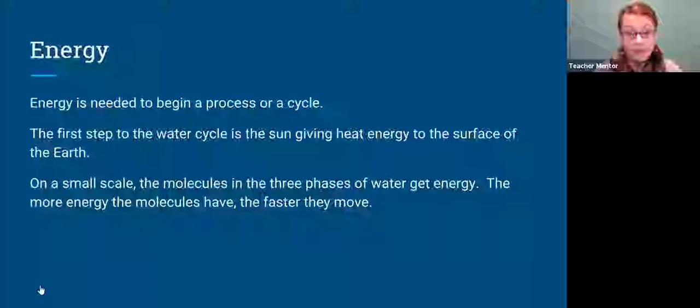And so there we have different phase changes. Okay, so again, once we add energy, we're adding speed to the molecules. And on the opposite side, when we remove energy, we're removing speed. So the molecules will slow down.